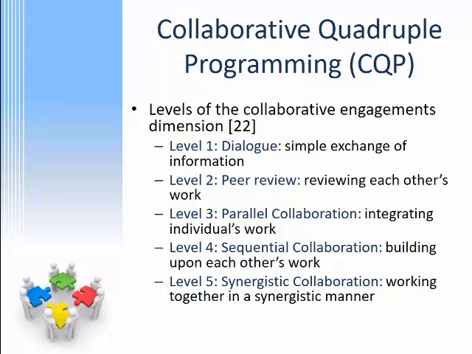Level 4 involves sequential collaboration. This level engages students in building upon each other's work. Level 5 is the highest level of collaboration, promoting students to work together with each other in a synergistic manner.